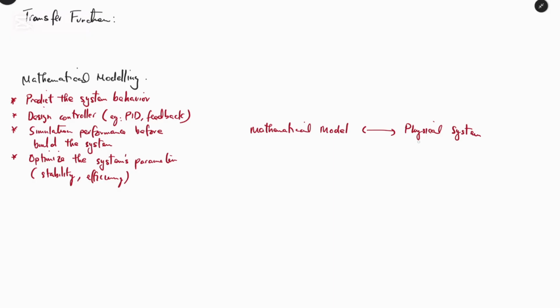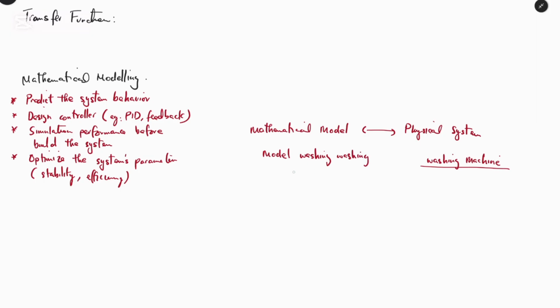Before we build a physical system such as a washing machine, a washing machine is a physical system that we use, and before building the washing machine itself, we have to design the model of the washing machine.